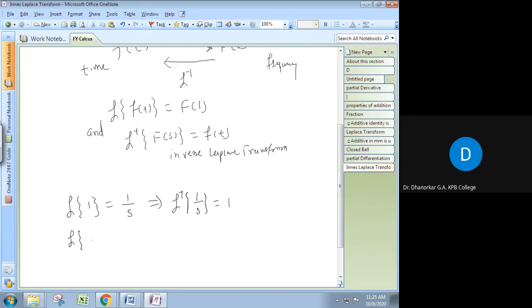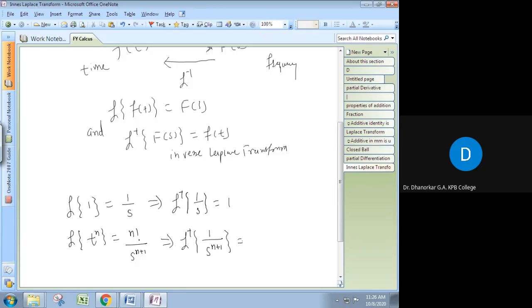Laplace transform of t raised to power n, in general, is n factorial, or you can write in terms of gamma, over s raised to power n plus 1. Most of the time this formula is stated as L inverse of 1 divided by s raised to power n plus 1.